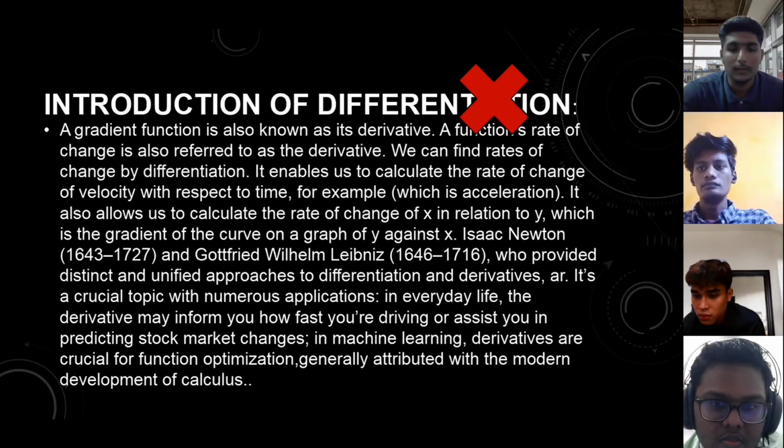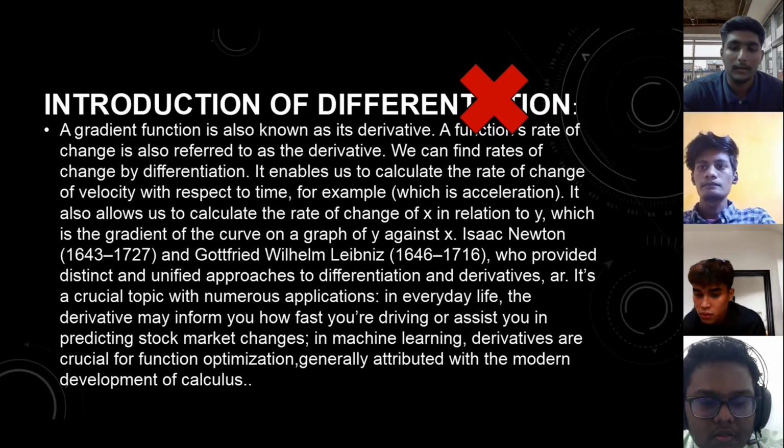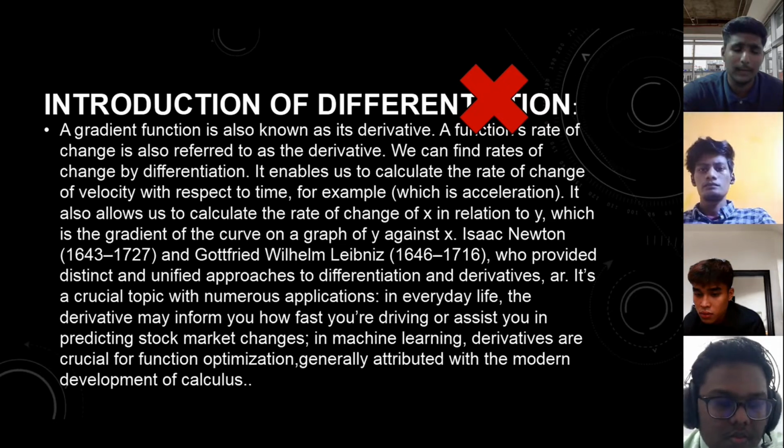It's a crucial topic with numerous applications in everyday life. The derivative may inform you how fast you are driving or assist you in predicting stock market changes in machine learning. Derivatives are crucial for function optimization, generally attributed with the modern development of calculus.